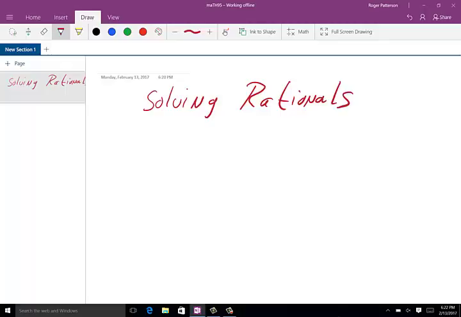Alright, so we're going to do almost the exact same strategy that we did when we were adding these. Here is an equation, a whole lot similar to what we were doing before.